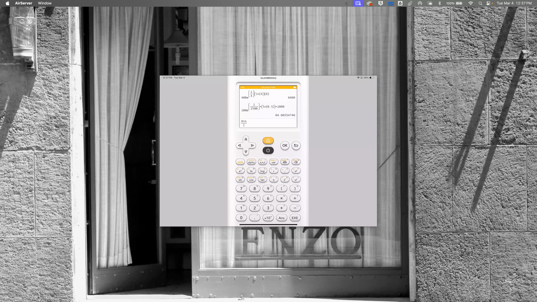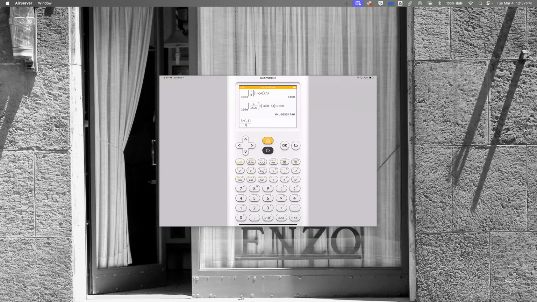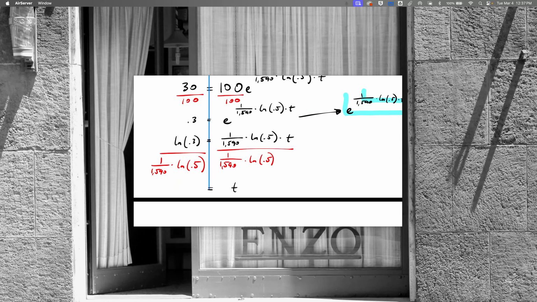The natural log of 0.3 divided by 1 over 1,590 times the natural log of 0.5.